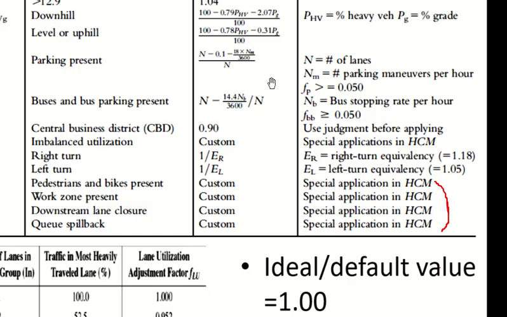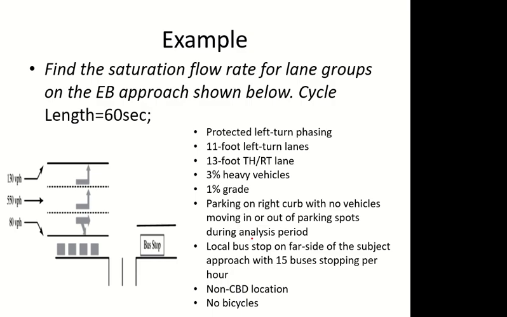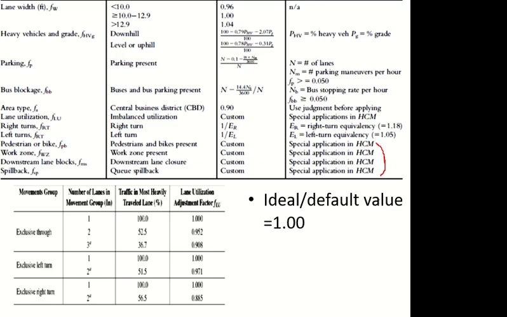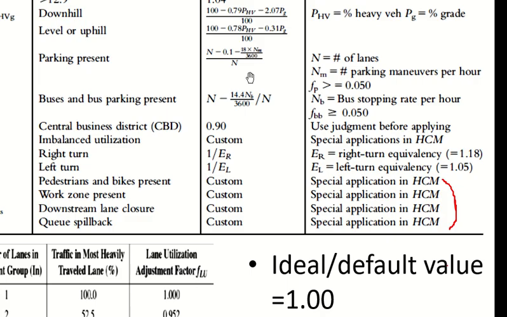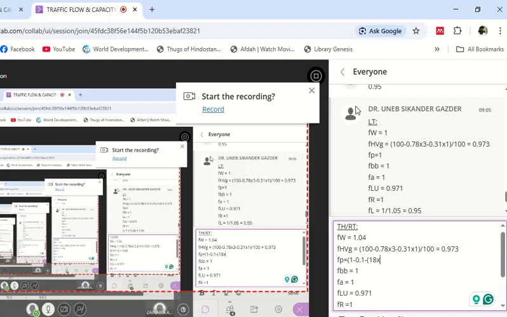Number of maneuvers, nm is 0. Now you see here, no vehicles coming in or out in the peak period. So nm will become 0, the factor will not become 0. And the logic is you still have the parking area. So when the drivers are coming, they don't know whether the vehicle will come out or not from here. So there is an anticipation. It will affect their flow, even if no vehicles are coming out. So even if nm is 0, the whole factor doesn't become 0. So I'll just do 0 here. That's it.